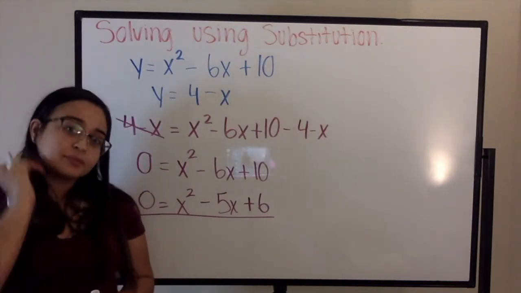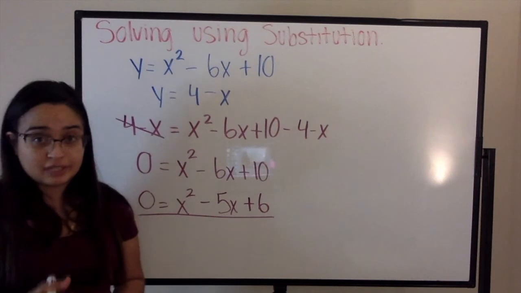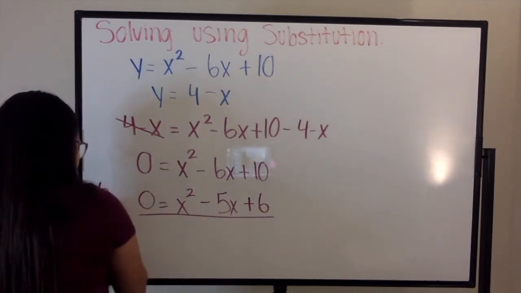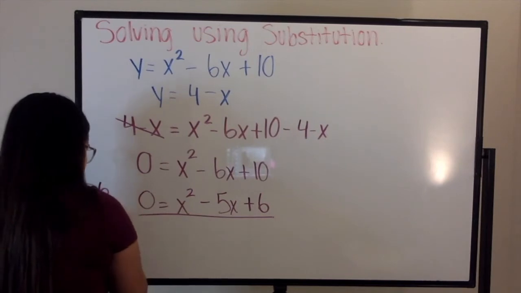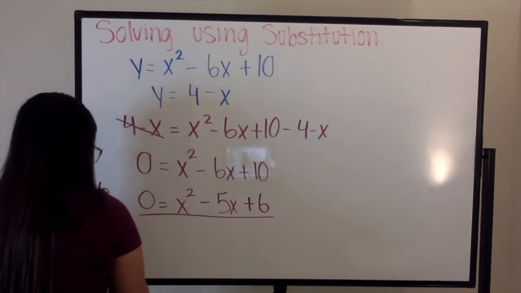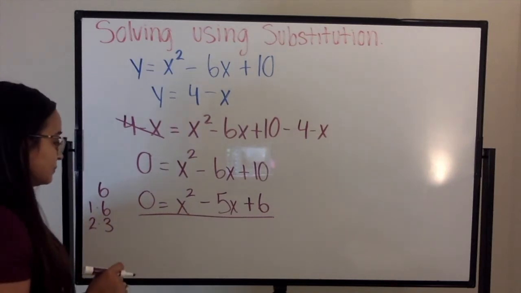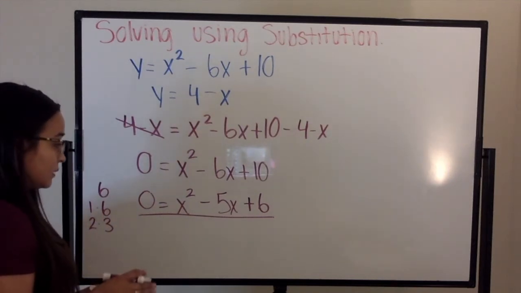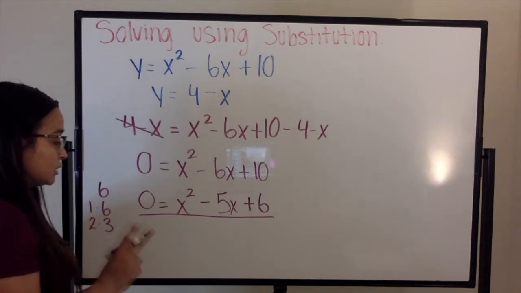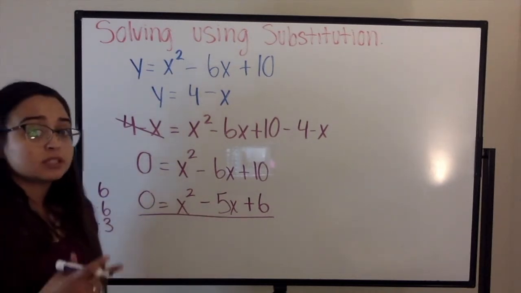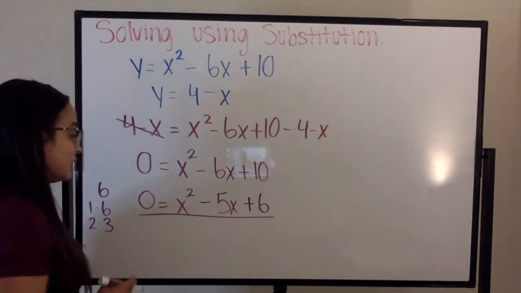Okay? Now we're going to factor it out. Take our 6 and factor out our 6. We have 1 times 6, 2 times 3, and that's about it. Not too many. Now, we have to think of what two numbers multiplied together gives us a positive 6, and what two numbers combined together gives us a negative 5.